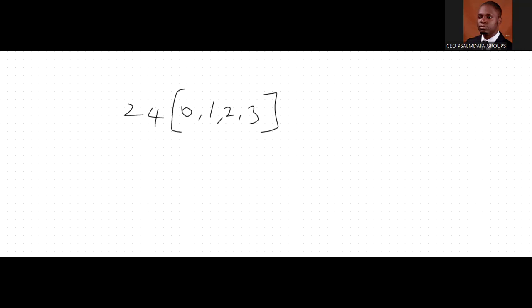So if this is Z4, 0, 1, 2, 3, I know that my 0 represents 4. Which means if I have a number greater than 4, I will start from 1 again. So if I have 5 here, my 5 will be 1. For instance, if I have counted 1, 2, 3, this is 4 now.